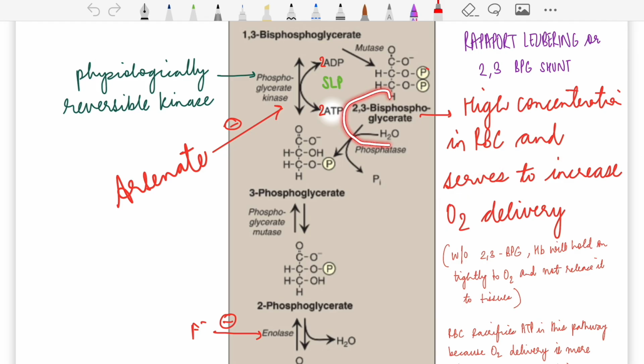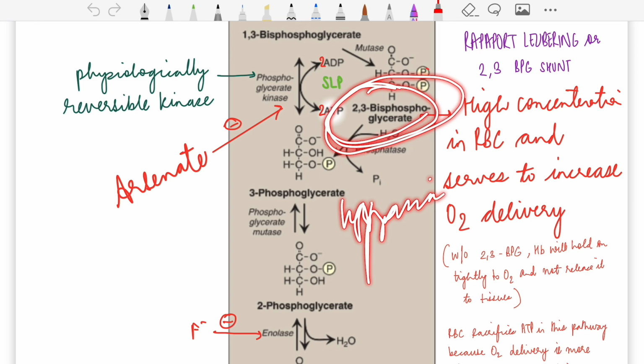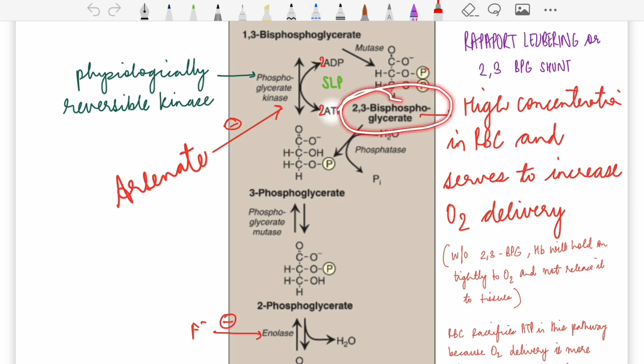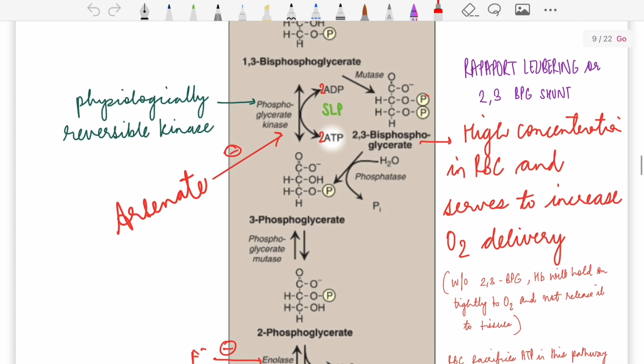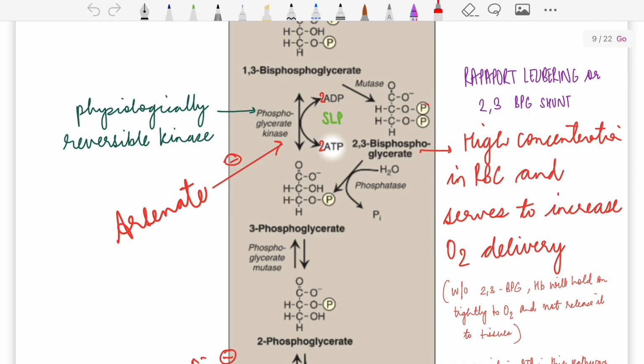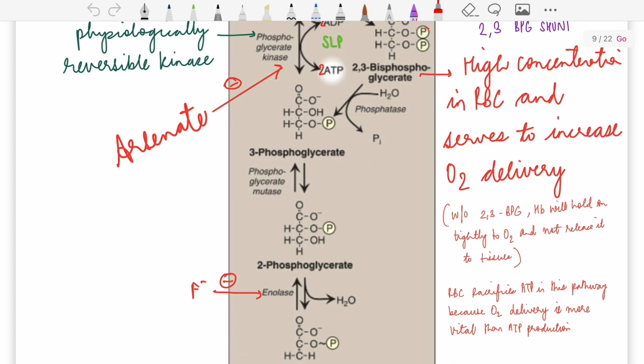Without this enzyme, the hemoglobin will hold on to the oxygen and won't deliver it to the tissues, leading to hypoxia. So we want this enzyme to be there because it will help in the unloading of oxygen. Now the question is, what is more important, to prevent hypoxia or to generate ATP? Of course, more important is to prevent hypoxia. Therefore, in some cases RBCs choose this pathway and let go of ATP generation, because of priorities again.